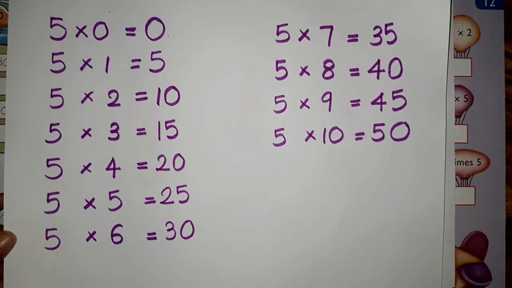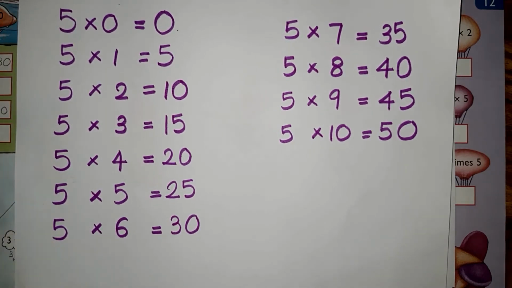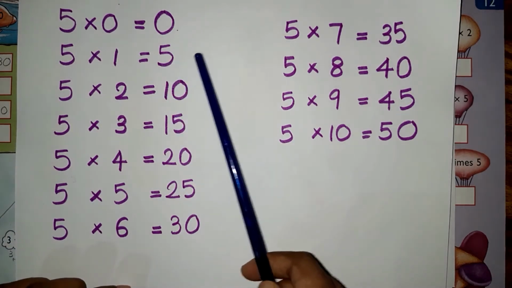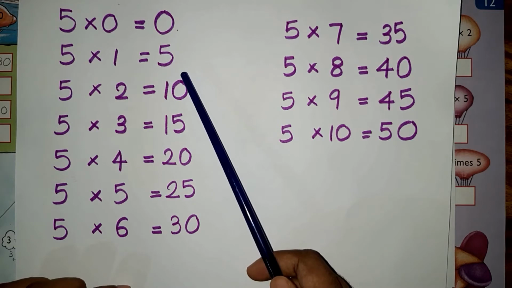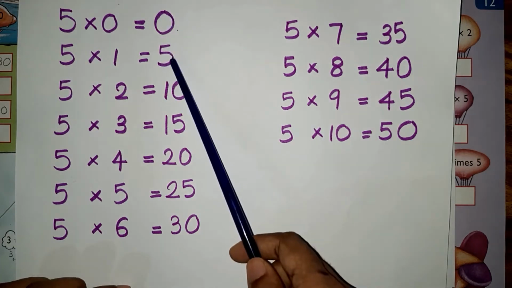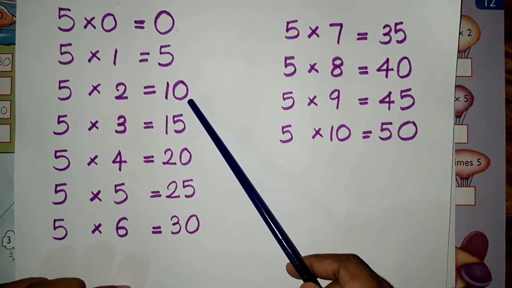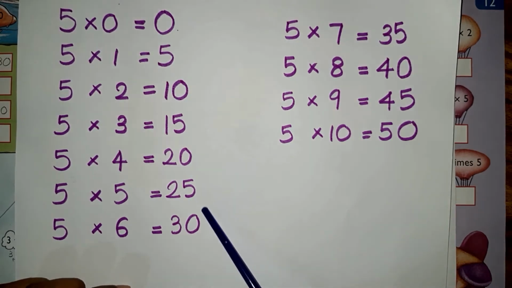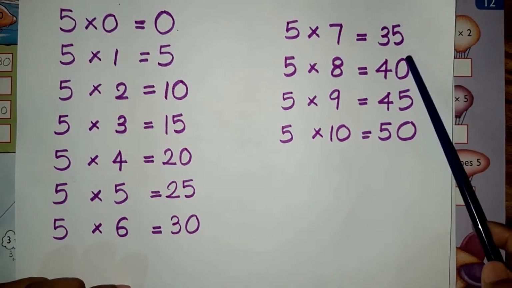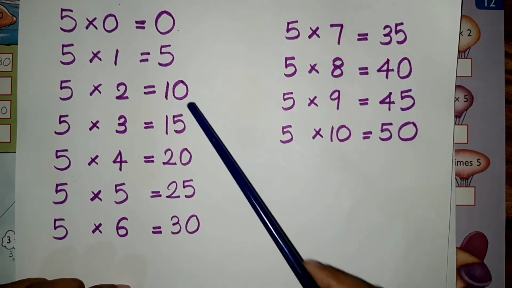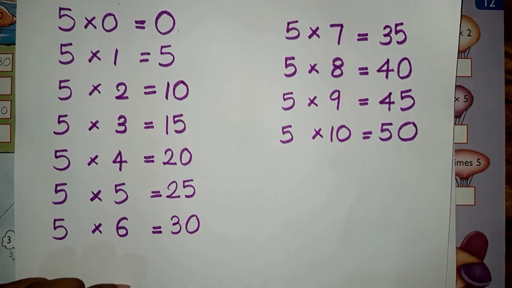So I want to tell you another thing, that if you pay your attention very carefully, you can see the single digits here are 0 and 5, and if you can see, the last digit of each number is always 0 or 5.